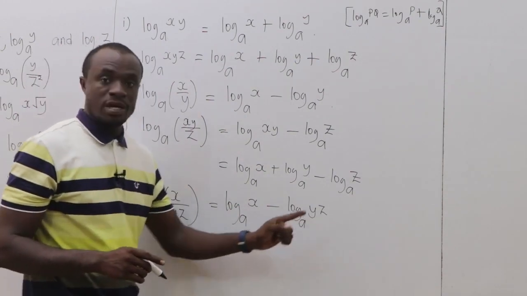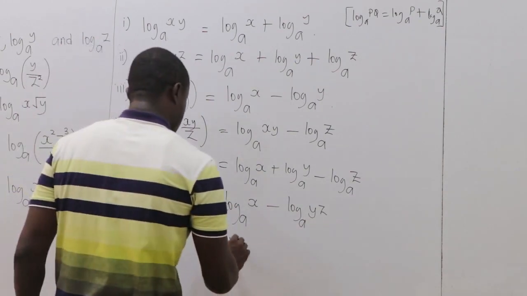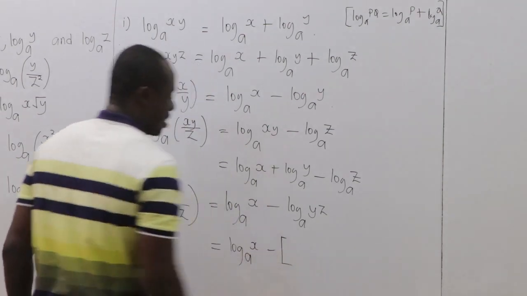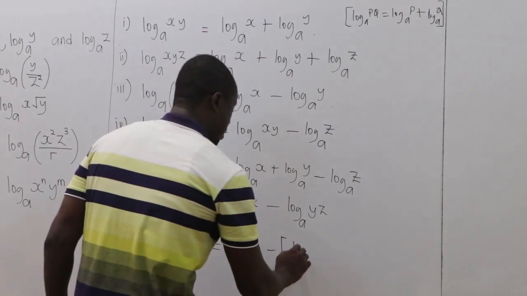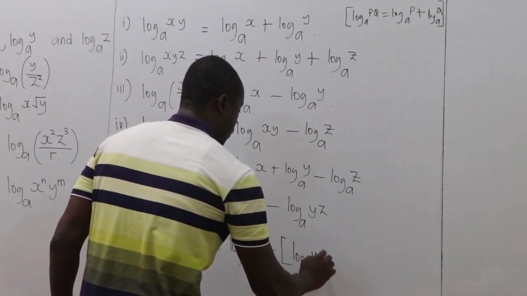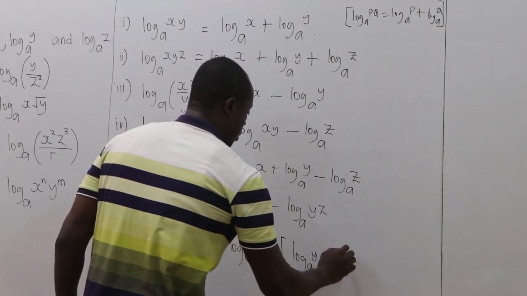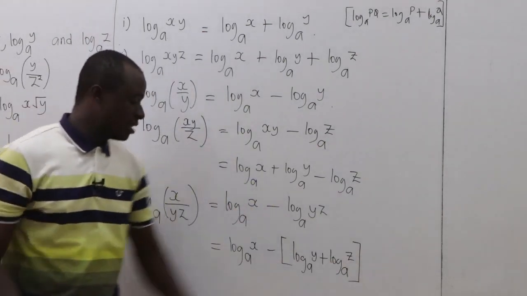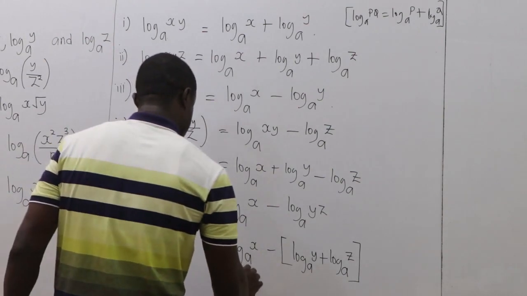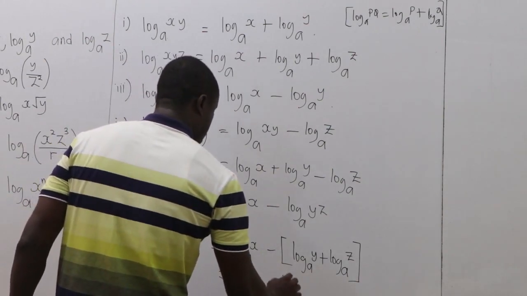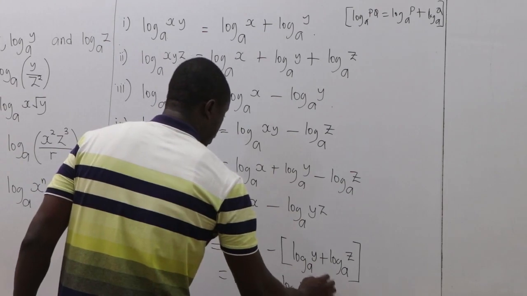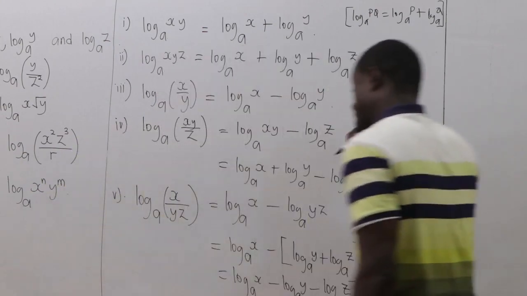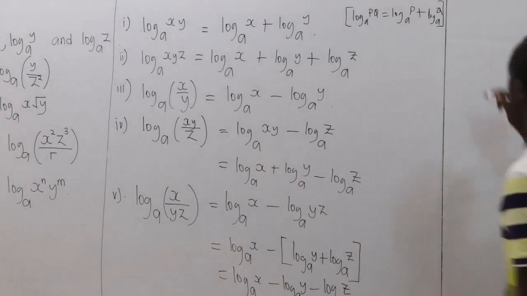So this multiplying, we have to reduce. We have log a of x, but we shouldn't forget the negative is affecting everything inside. So this is the same as minus the bracket of log a of y plus log a of z. Now this negative is affecting everything here, so this is the same as log a of x minus log a of y minus log a of z.